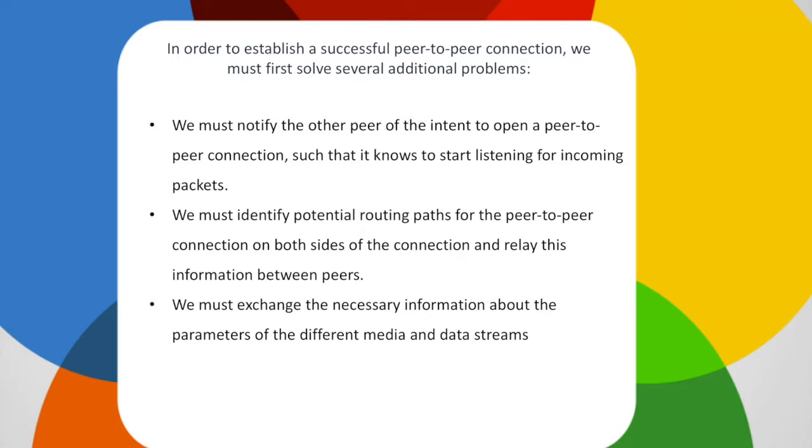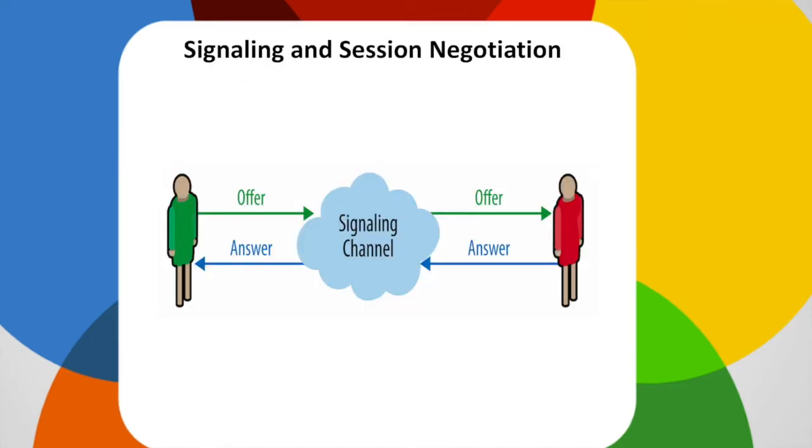We must exchange the necessary information about the parameters of the different media and data streams. We must find out if the other peer is reachable and if it's willing to establish the connection. We must extend an offer, and the peer must return an answer, as shown in the figure.